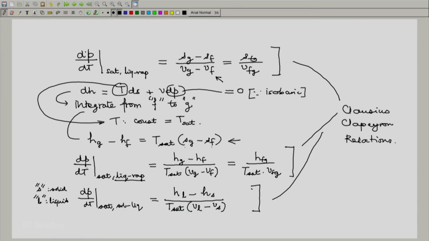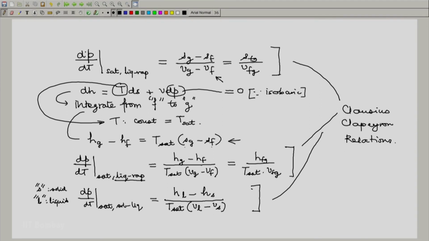And now I will leave it to you to argue out that the slope of the liquid vapor saturation line is positive, because both the terms in the numerator as well as the denominator on the right hand side are positive. The vapor specific volume is higher than the liquid specific volume, vapor rises over the liquid.